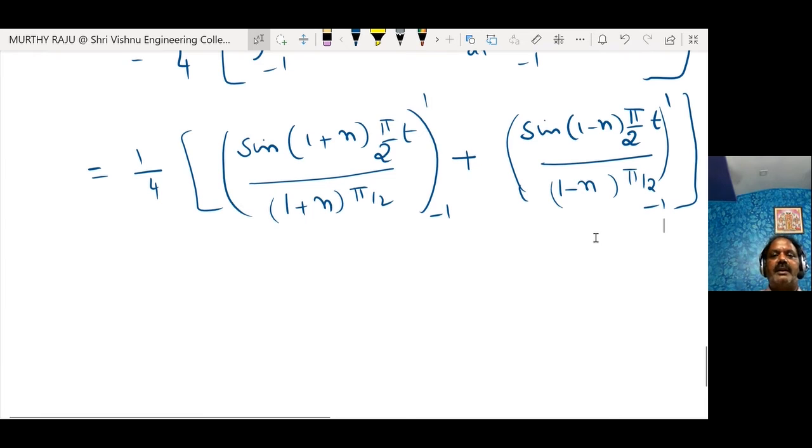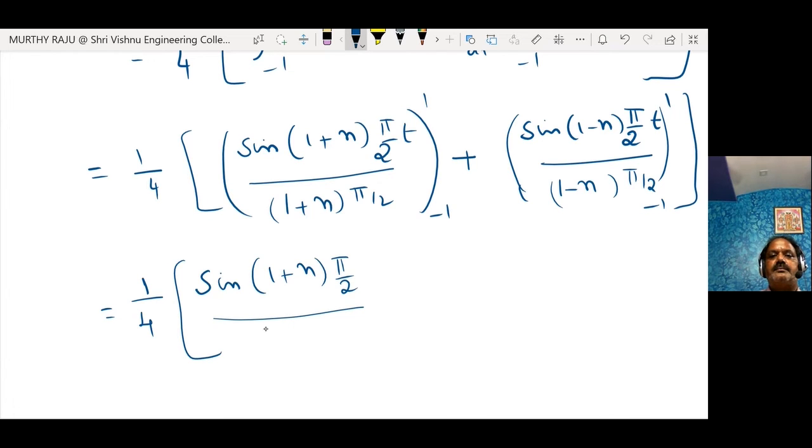Here substitute the limits 1 and minus 1. At t equal to 1, that is sine of 1 plus n pi by 2 by 1 plus n pi by 2.